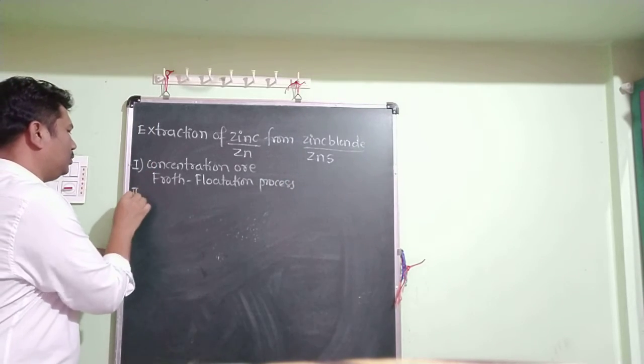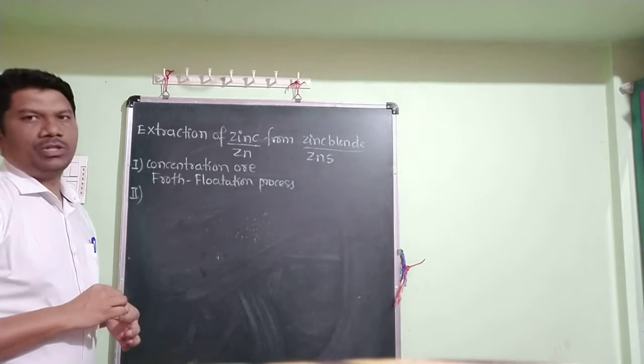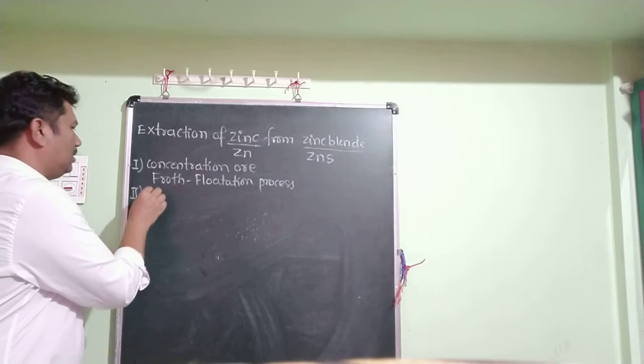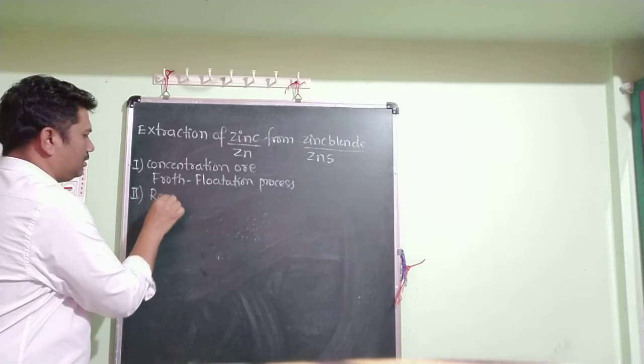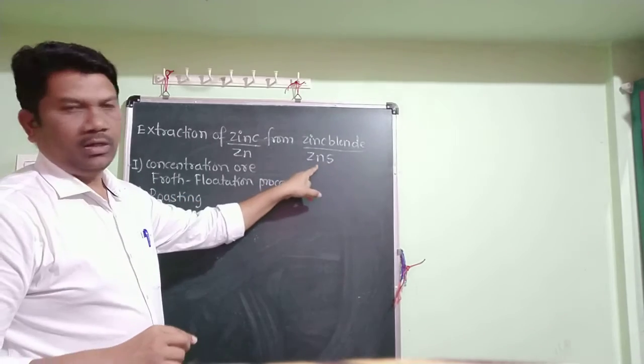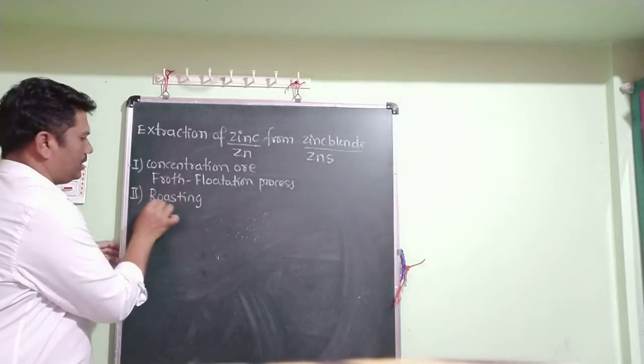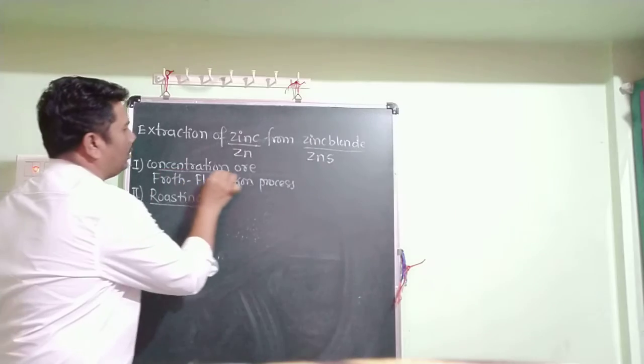Then step number 2. According to the general steps, it is conversion of ores into oxide. Here I use the roasting step because it is a sulfide ore. Roasting is generally done for sulfide ore. So step number 2 is roasting.